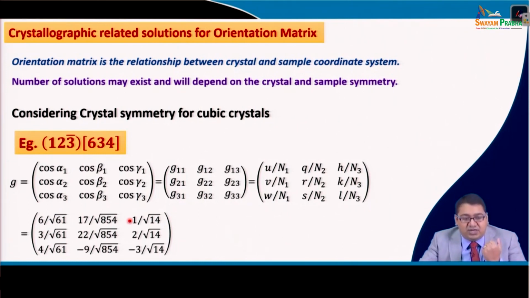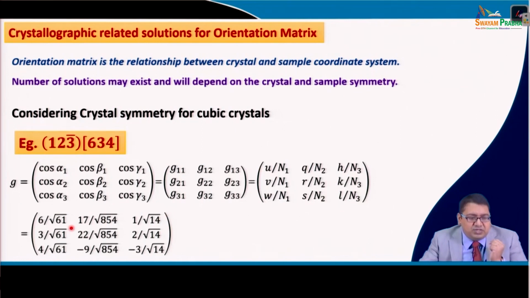The third column of the G matrix, which indicates ND, is given by 1, 2 and minus 3 divided by root over 1 square plus 2 square plus 3 square, which comes out to be root 14, right.